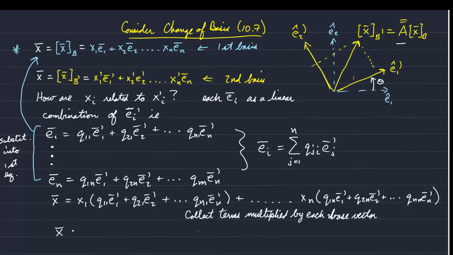And we see that x is equal to x1 Q11 plus x2 Q12 all the way out to xn Q1n, and that's all multiplied by the first base vector in the rotated system, or the modified system. And this is summed for each of these modified base vectors all the way out to the nth one.